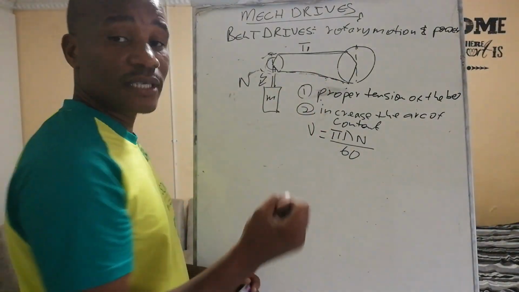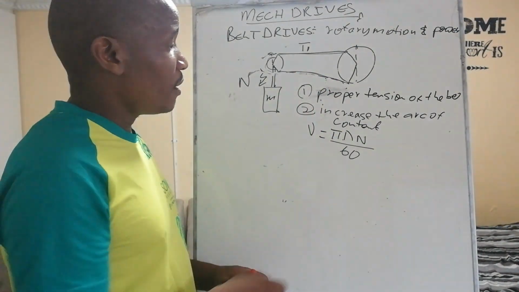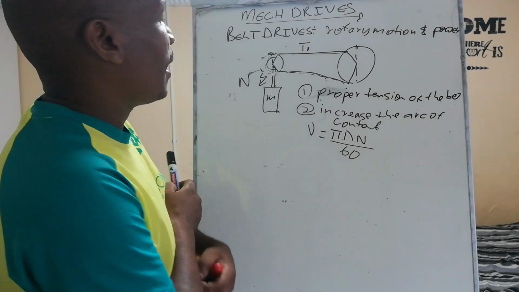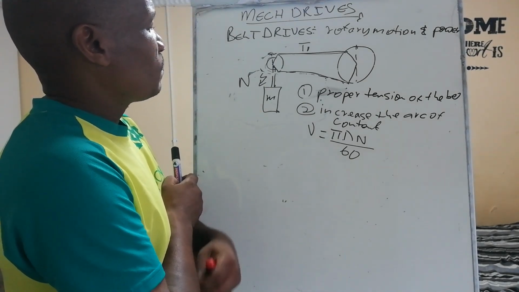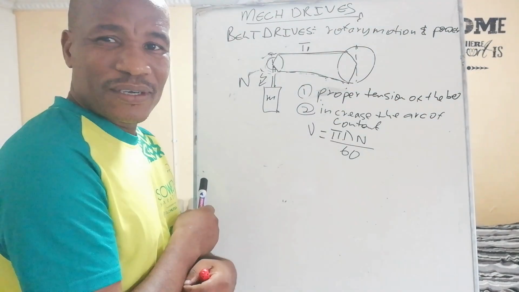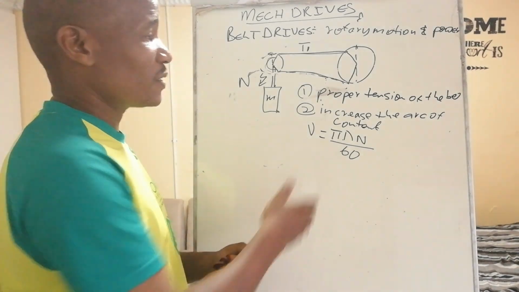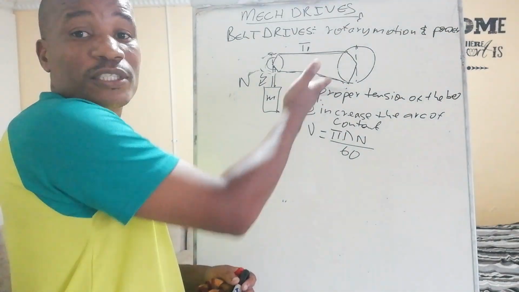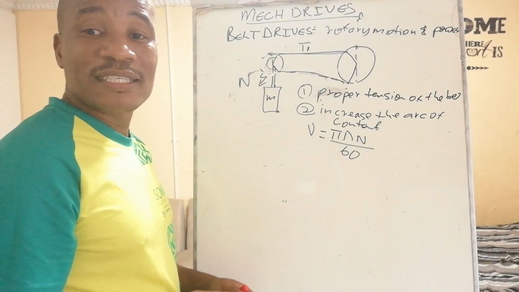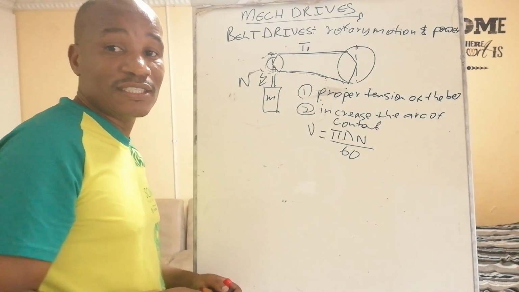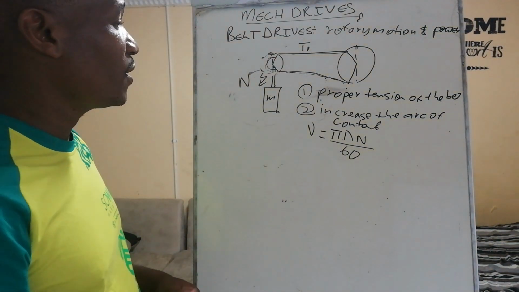They slip, number one. And then they've got a short life, because sometimes you have to change them after 120,000 kilometers or so to be on the safe side. So for that reason, it's a short life.